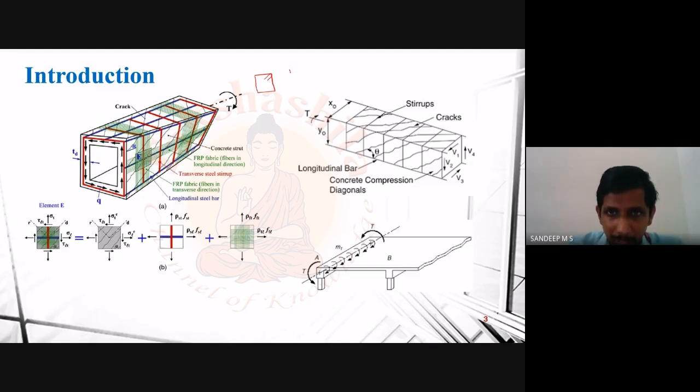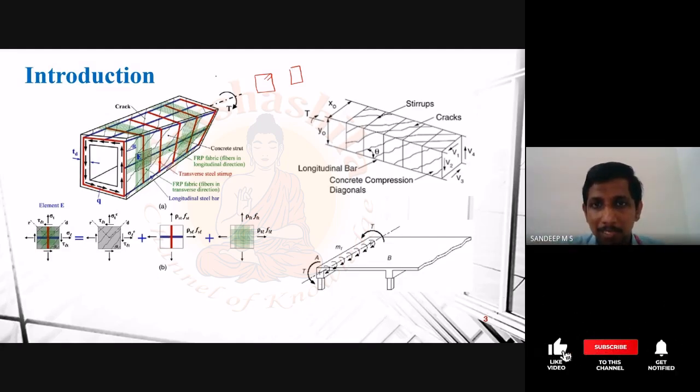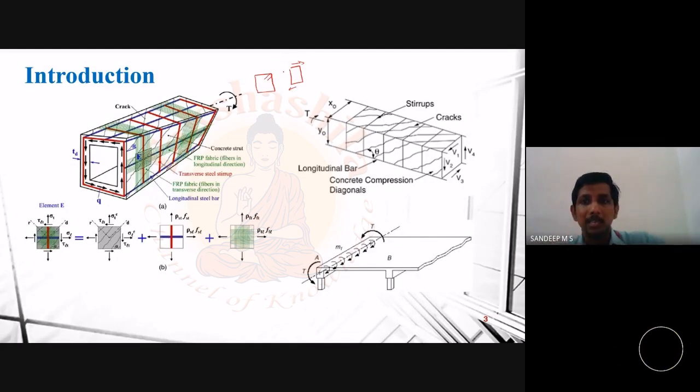Say if you are keeping your stirrups like this, once your beam is getting twisted, this thing will have a tendency to get opened. Under torsion, these shear stirrups will get opened, and once it is open, what will happen?